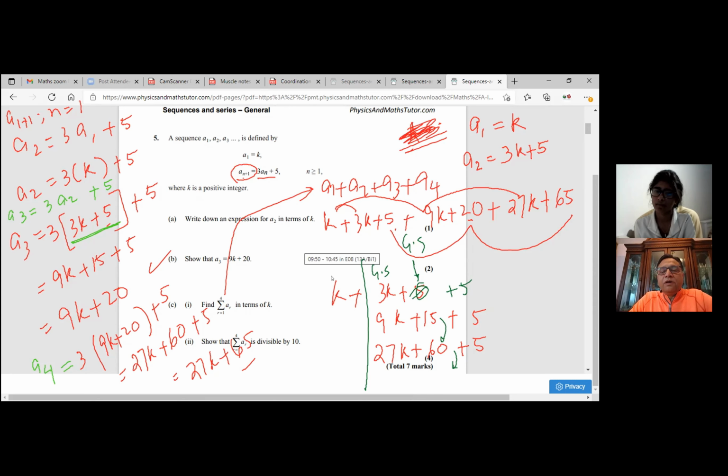I get 1, 3, 9, which are 3 to the power of 1, 3 squared, 3 cubed, 3 to the power of 4 for the next one. So you get many patterns when you solve such a question. Is that clear to you?